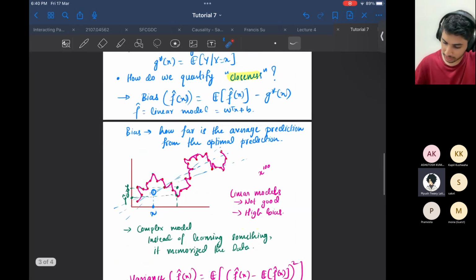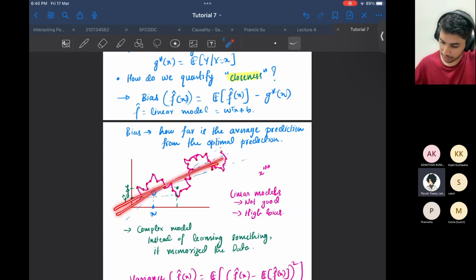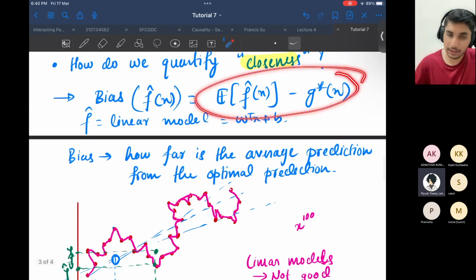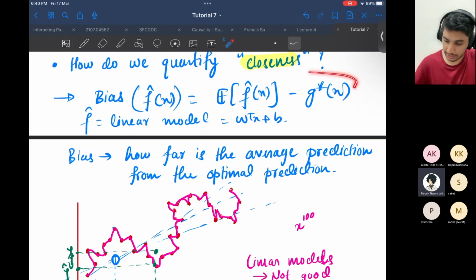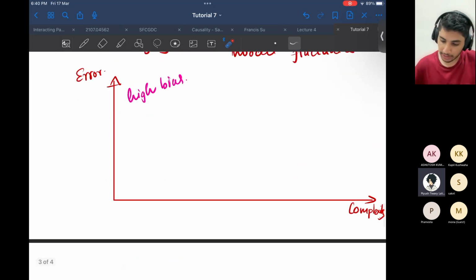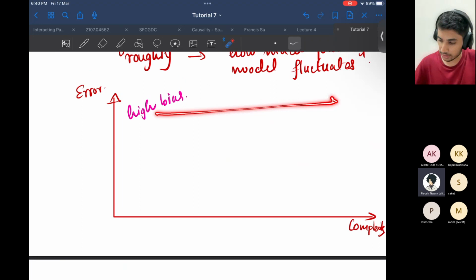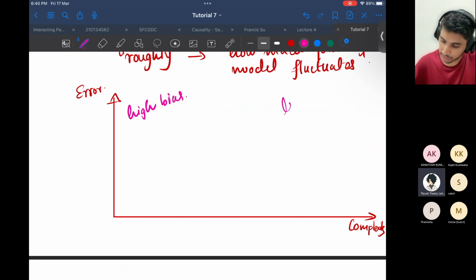In this model, there are multiple instances of linear models, but they are not even close to what we actually want. So this difference is high, and hence since this difference is high, the bias is high. Okay, so this is the high bias region, and then this should be the low bias region, right?